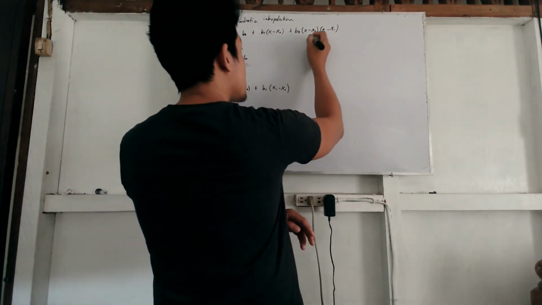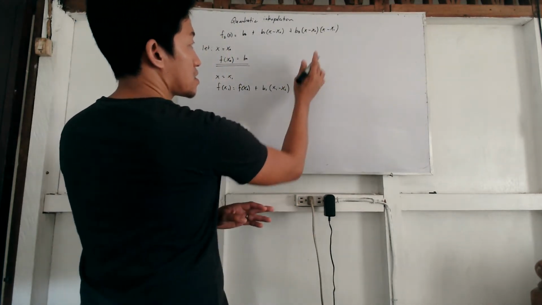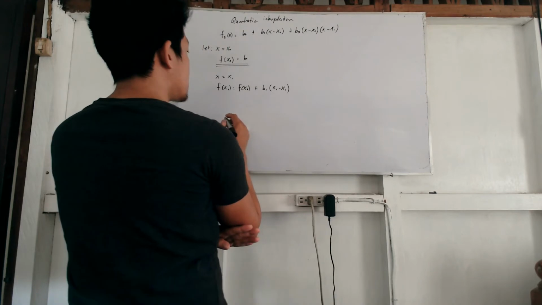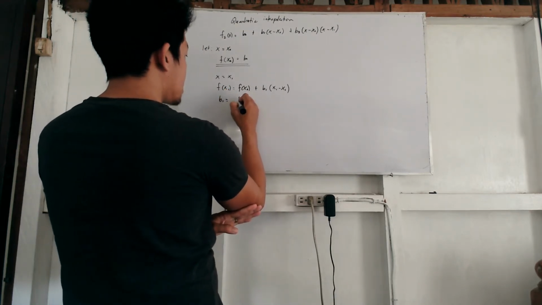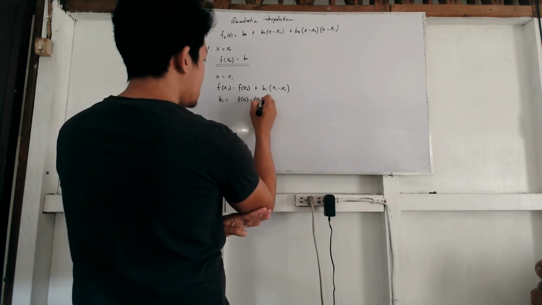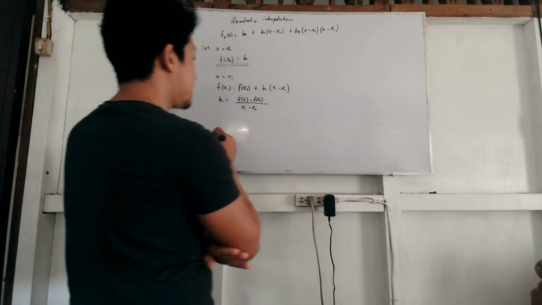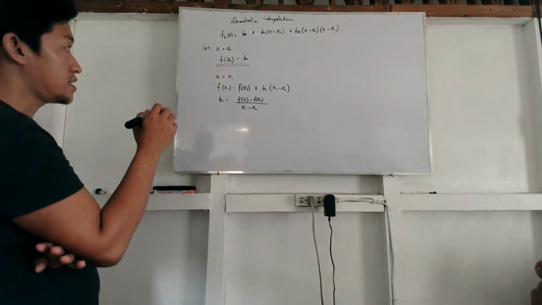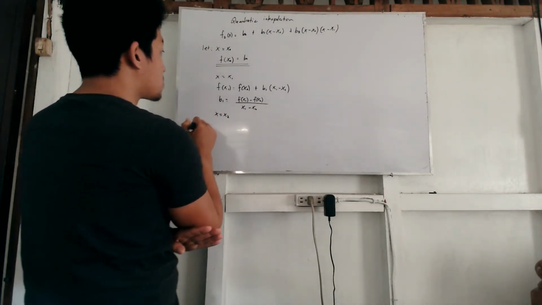And then this one becomes 0 because of this term. So x1 minus x1 is 0. Therefore, b1 is f of x1 minus f of x0 over x1 minus x0. And then last is let x be equal to x sub 2.